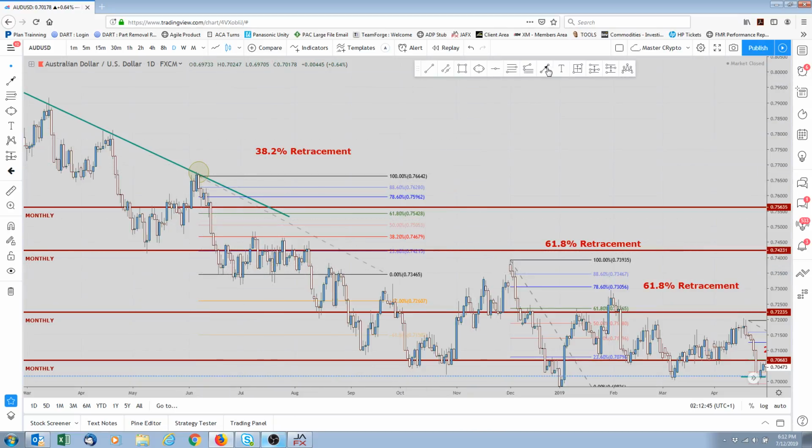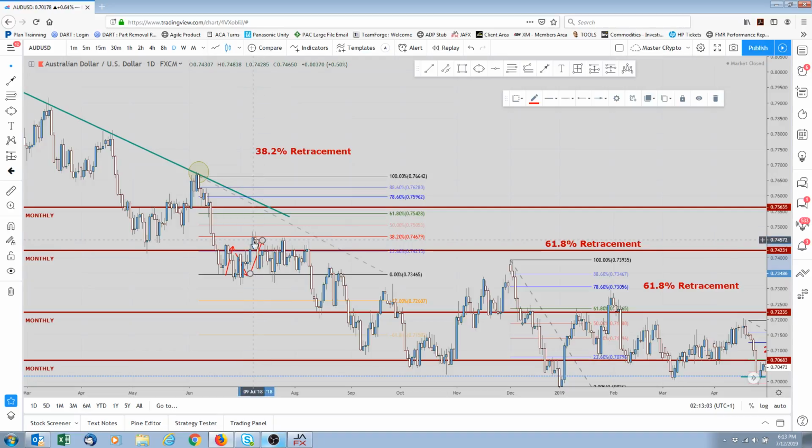So what are we seeing here? We could see that price shot up a little to 23%, got knocked down to 0%, came back up, tested 38%. See this one right here?